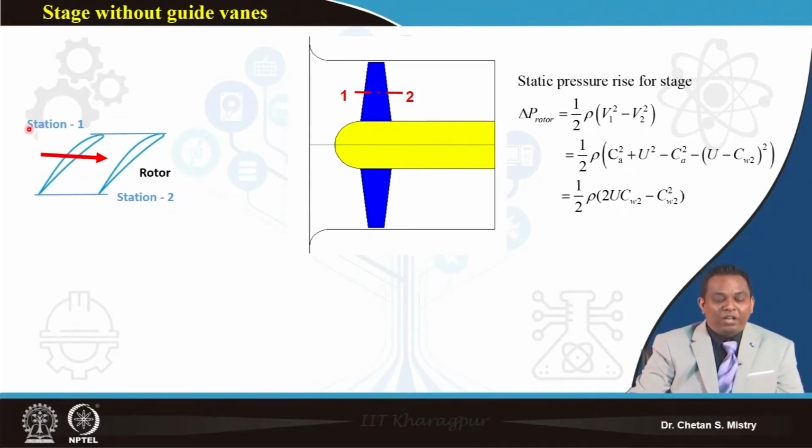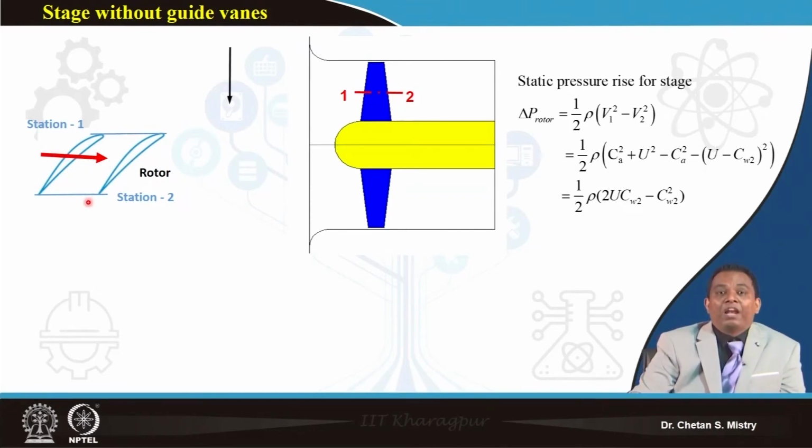Now here, if I consider this as my stations 1 and 2, at the entry and exit, I can put my section with this aerofoil, and if I draw my velocity triangle, let me consider that for this fan my flow is entering axially. So my absolute velocity is the axial velocity.